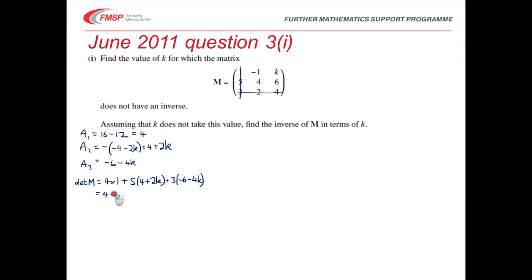That's 4 plus 20 plus 10k minus 18 minus 12k, which is minus 2k plus 6. If we're interested in the matrix not having an inverse, we're interested in the case when that equals 0. So the determinant of M equals 0 implies that 2k must be equal to 6, and therefore k is equal to 3.